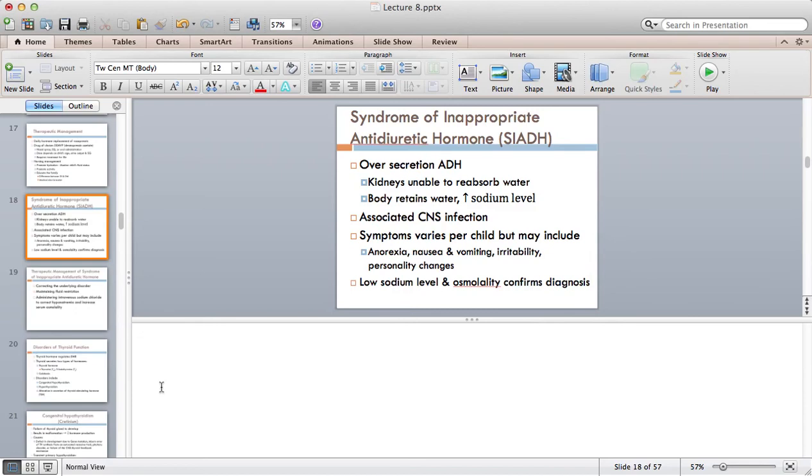In DI, it's high in the blood, and osmolality is high in the blood. But in this, there is low sodium in the blood and low osmolality, and you would like to increase the sodium level in the blood.